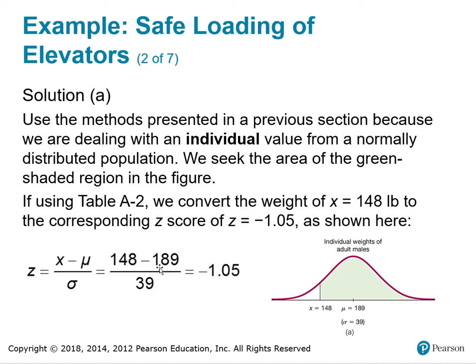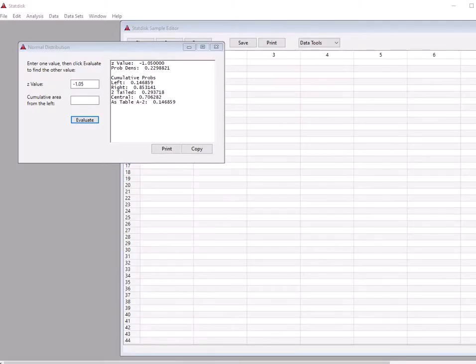Now the average male weighs 189 pounds, so that's why 189 goes here and 148 over here. 39 was the standard deviation, so we end up with negative 1.05, and we look for the area of negative 1.05, and we can look in StatDisk to get this. So we open up StatDisk, and look, negative 1.05, click evaluate, the area to the right is 85%.